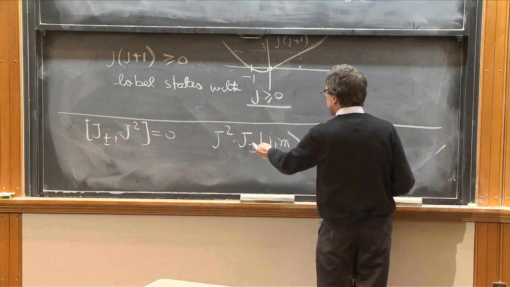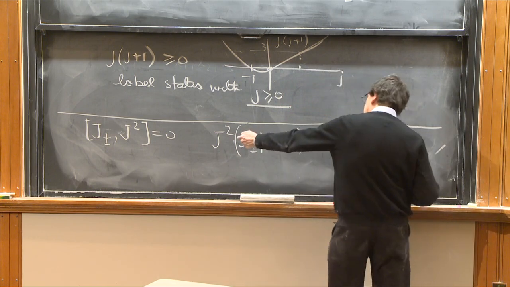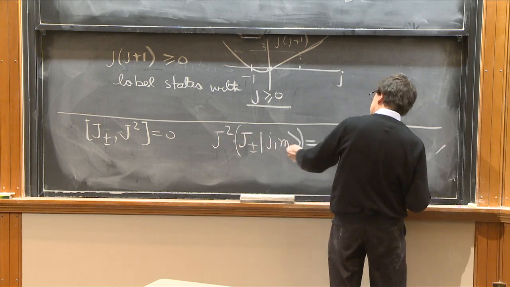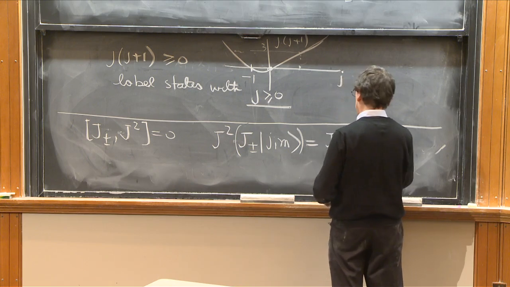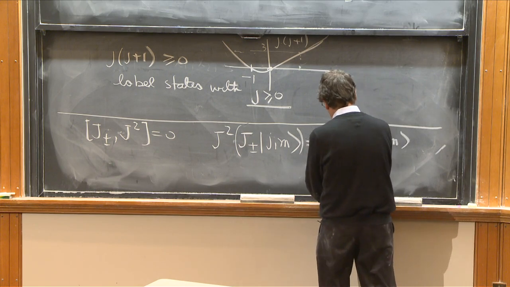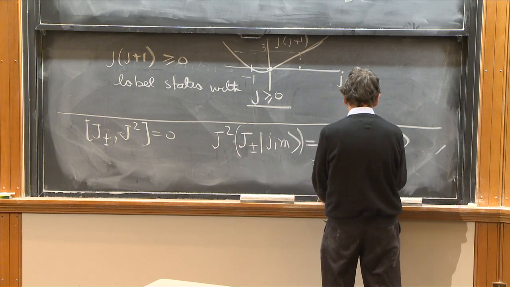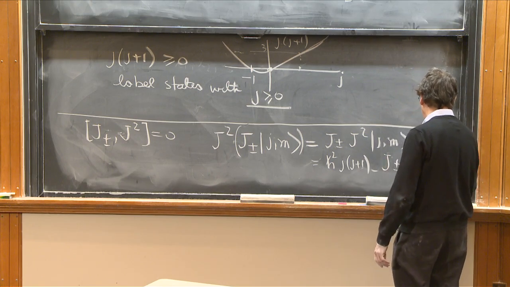since I can move the J squared across the J plus minus, it hits here. Then I have J plus minus J squared Jm. And that's therefore h bar squared J times J plus 1 times J plus minus on Jm.